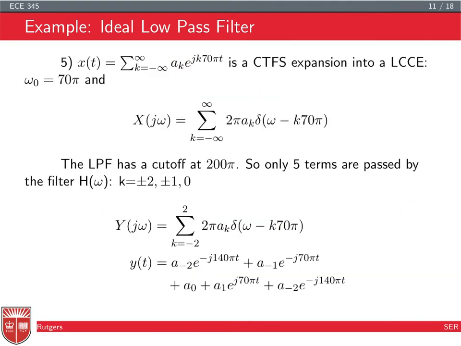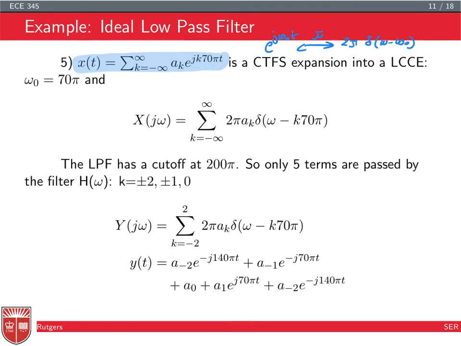The last example I want to do is a sum of complex exponentials, which is the sum over k of a_k e^(jk70πt). Now, if you recall from what we studied in the second lecture, e^(jω0t) in the frequency domain is equal to 2π delta(ω minus ω0).